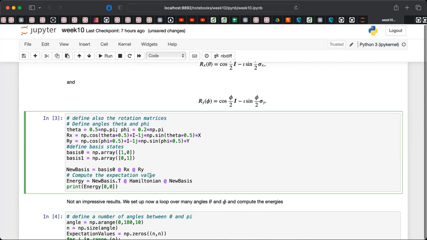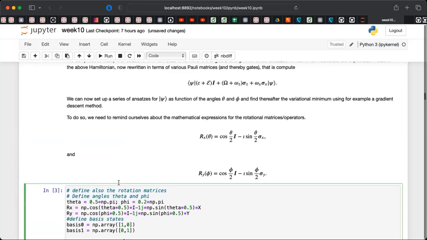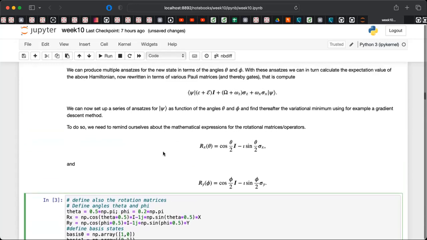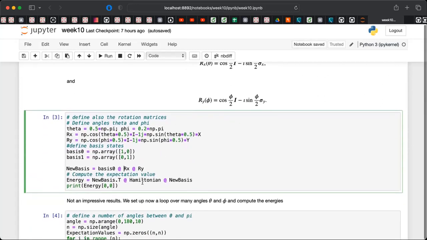And then finally, what I end up with here is to calculate the energy, which is the product of this transposed state, which is the one which we have here, multiplied with the Hamiltonian matrix, and multiplied with the basis which we have here.